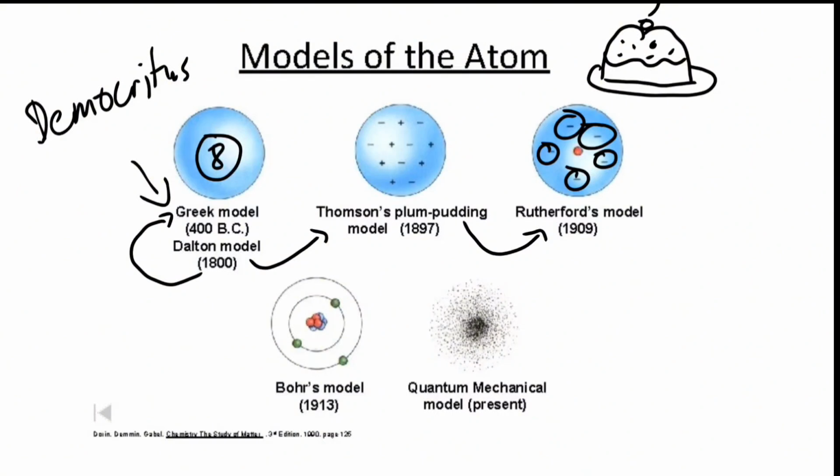He didn't give more emphasis that every atom has electrons, but simply subparticles, the protons. For Rutherford to prove that if there's a positive, there's always a negative, he used the method of gold foil.